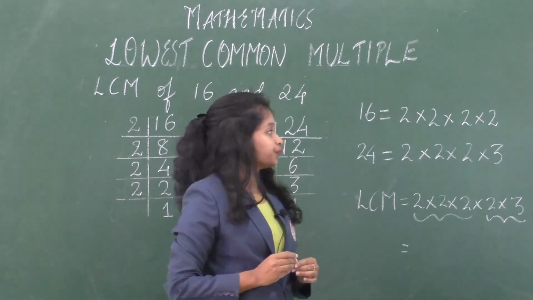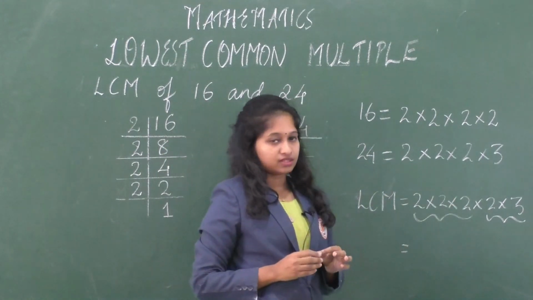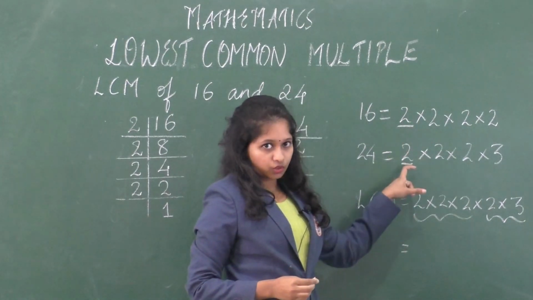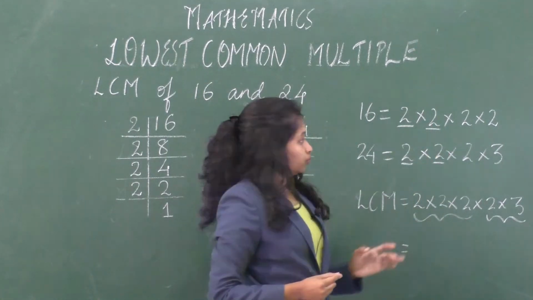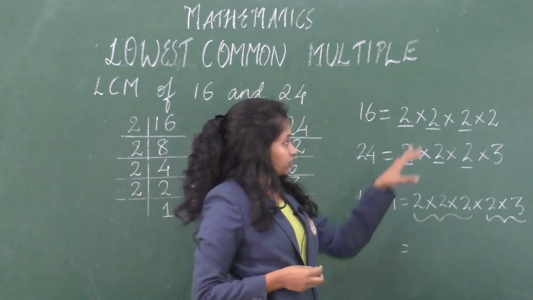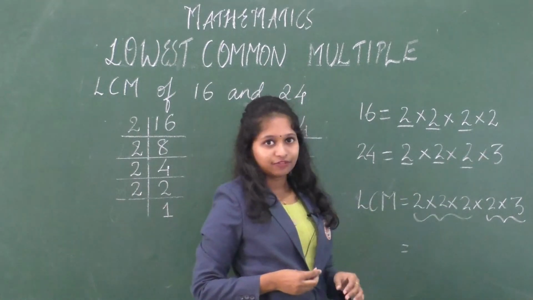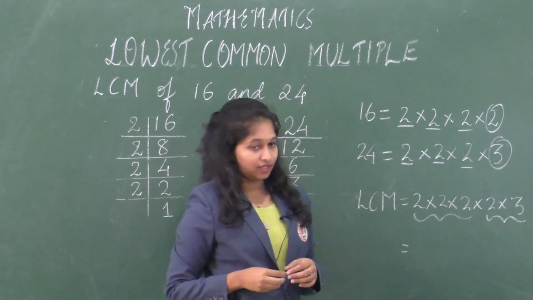Now we have to list all the common factors. Here 2 is common, again one more 2, another 2. So 2 is common here. What is left out? 1 2 and 1 3.